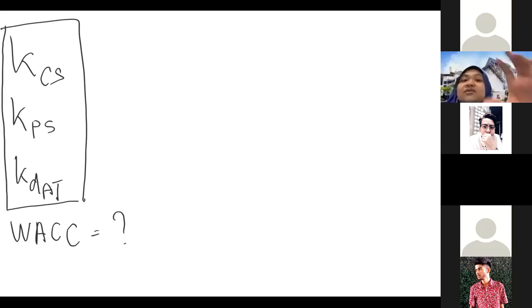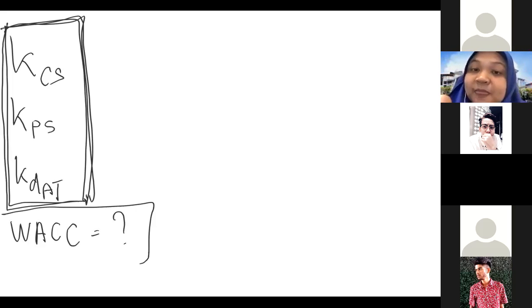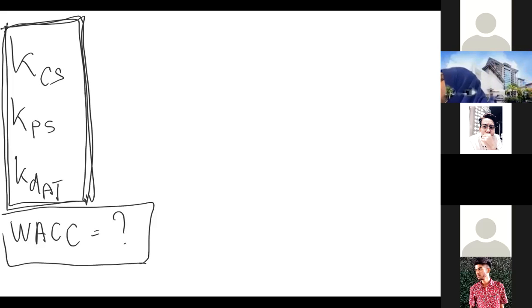So how to calculate the average of the three capital structures, we need to use the WACC. Okay, so WACC means, apa nama? Weighted average cost of capital.